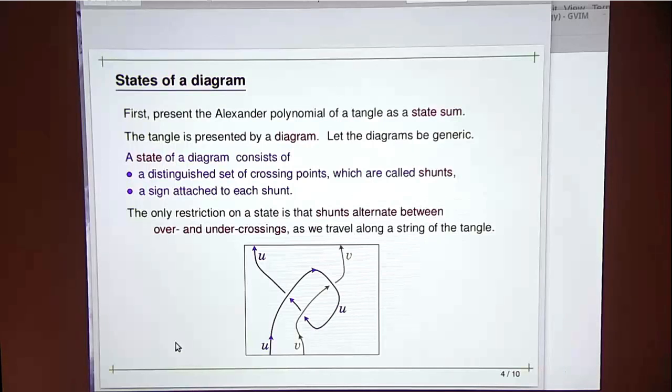If you forget about everything but the selected crossings, then the diagram must be alternating. Yes, but on the other hand, if none of them is a shunt, it's also alternating. The condition is satisfied. If one crossing is a shunt and the others are not, it's also satisfied.